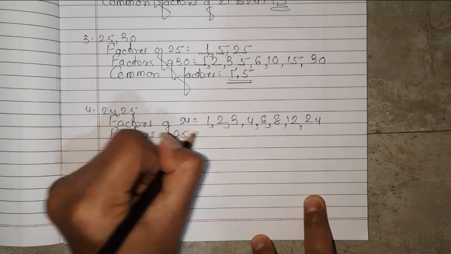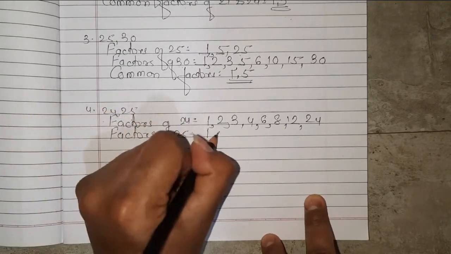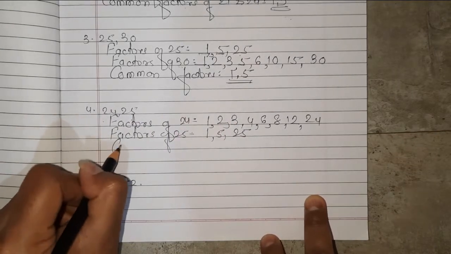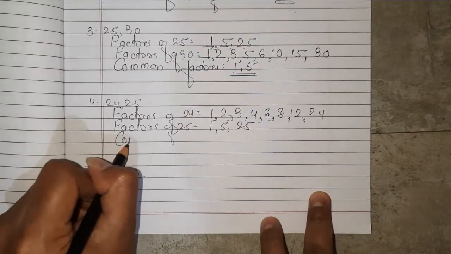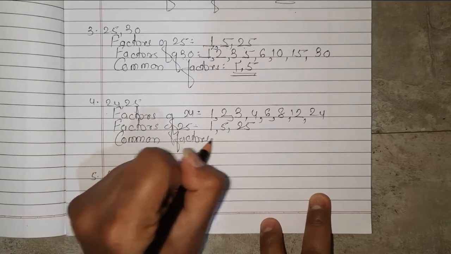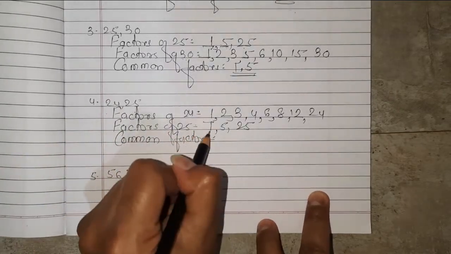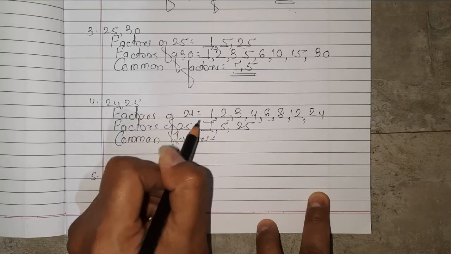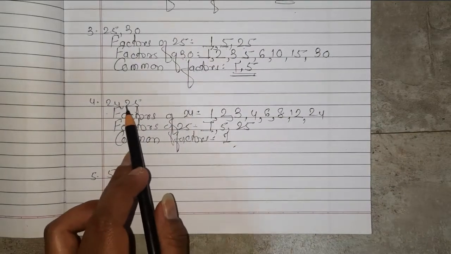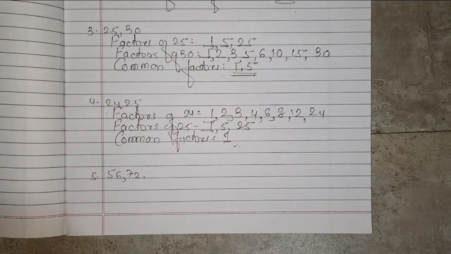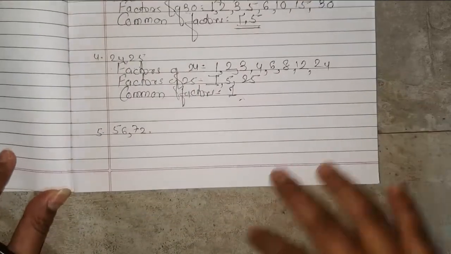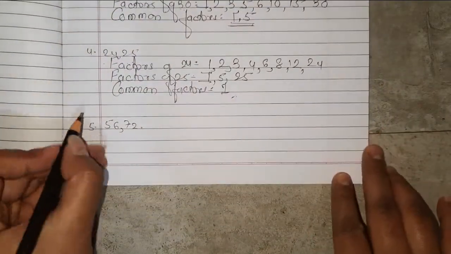Factors of 25: 1 25s, 5 5s and 25 1s. So the common factor is only 1. Only 1 is a common factor of both 24 and 25. Now the last one, 56 and 72.